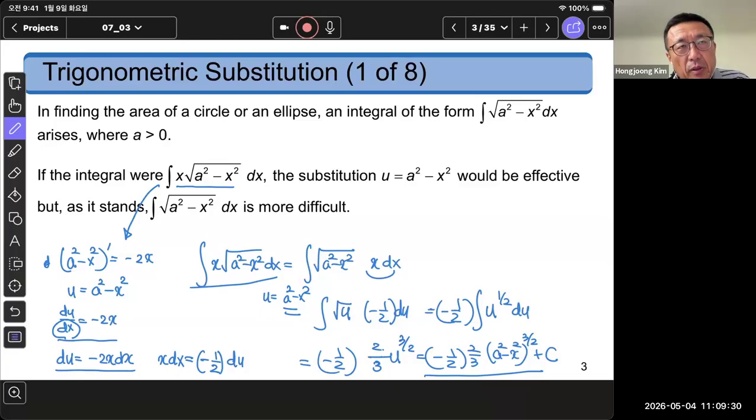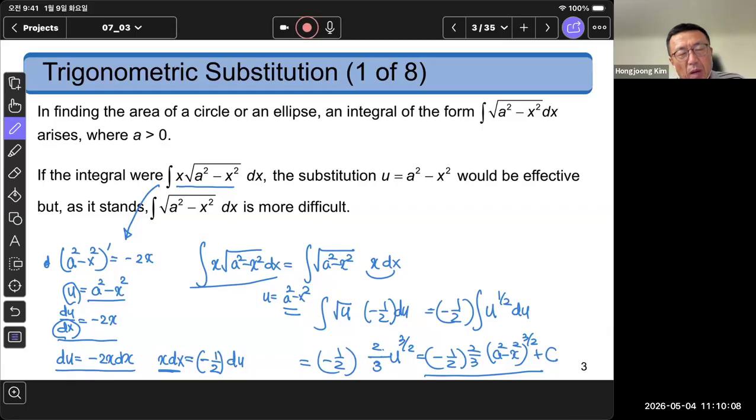It cannot help because when I introduce u to substitute a squared minus x squared, I need to replace dx with du, but in order to do that, I need an extra x. Then I can replace x times dx with du. But if I do not have x, then we cannot replace dx with du.